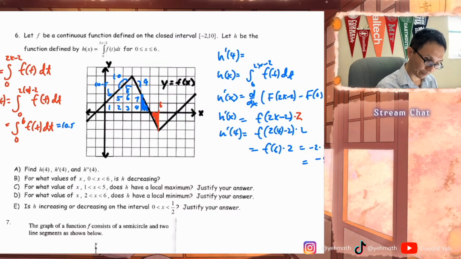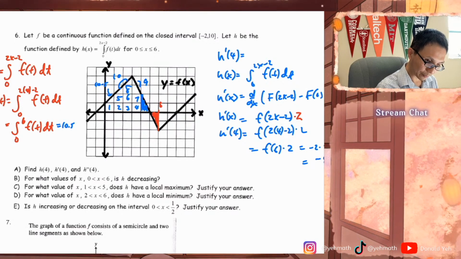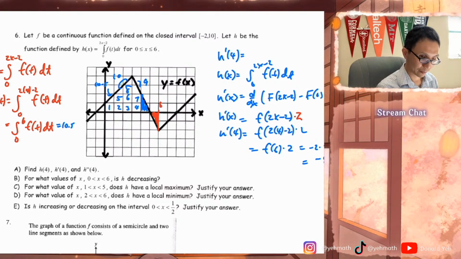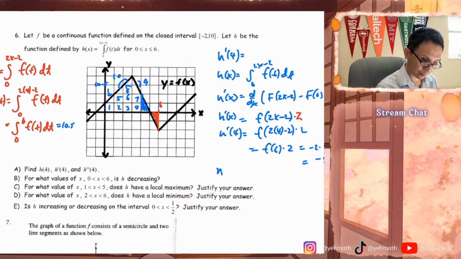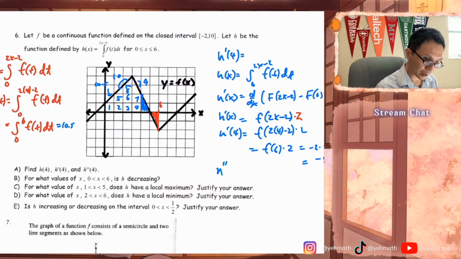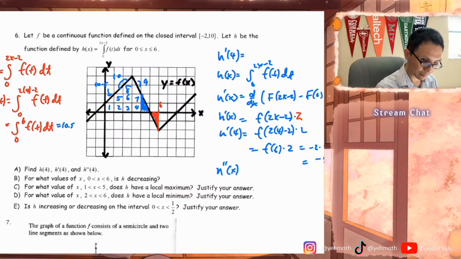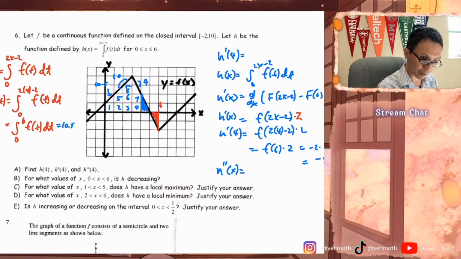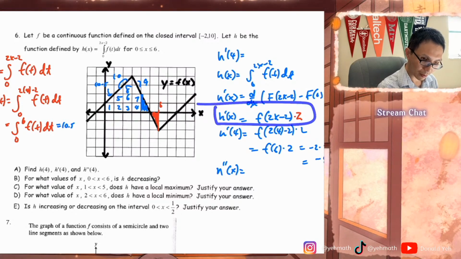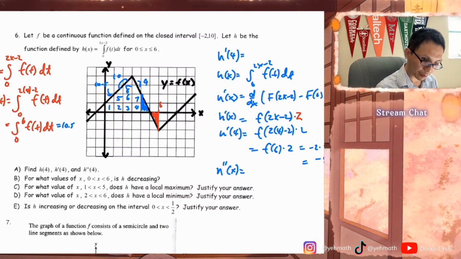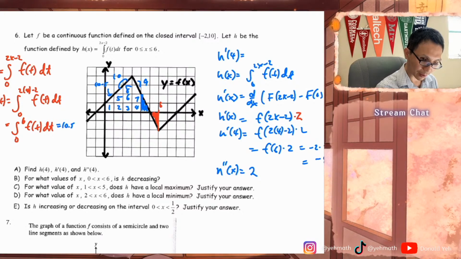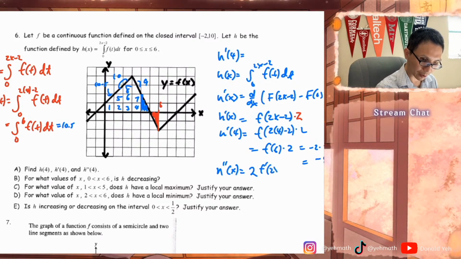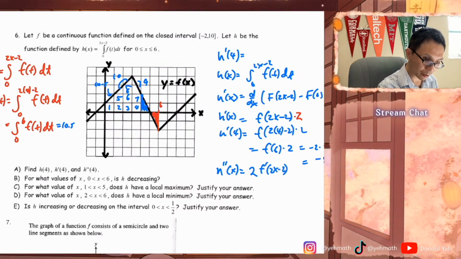Okay, before you move on, one second. Now if I take a double derivative, I'm going to take a derivative of this one, which is, I'm going to put 2 in the front and take a derivative of that, so it'll be f prime of 2x minus 2. Again, this is a chain rule.